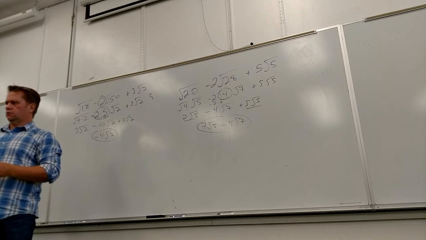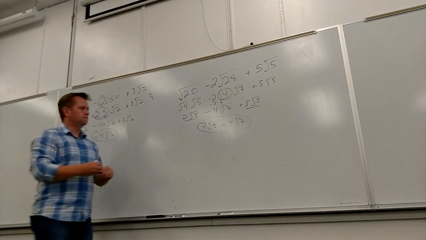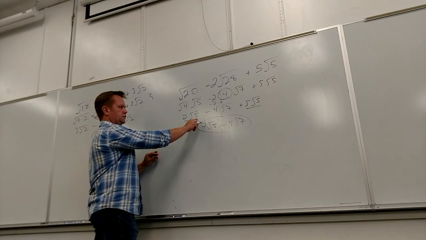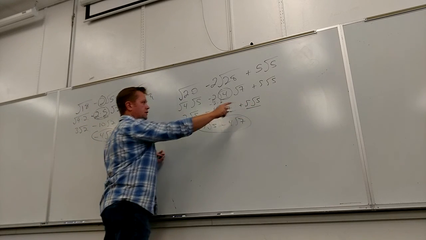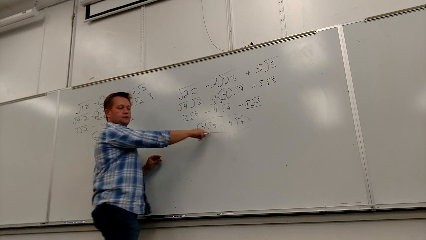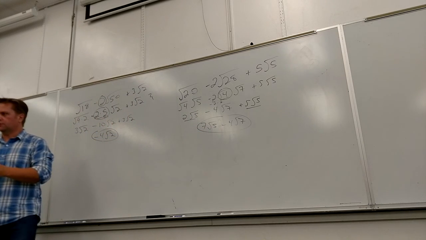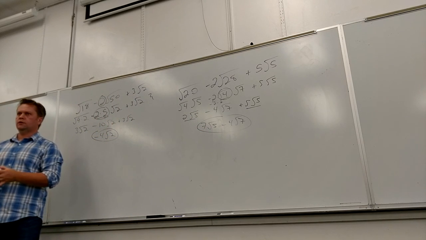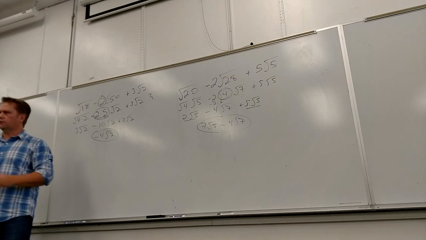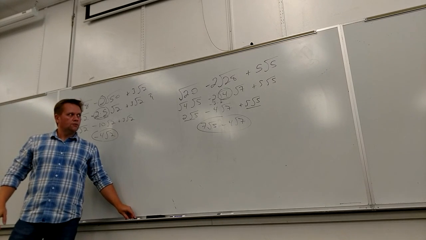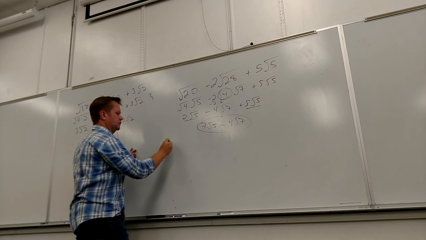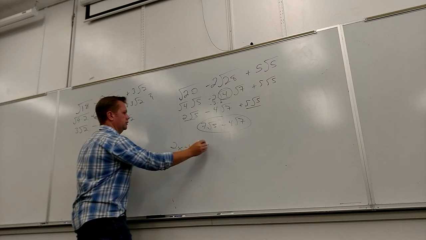And then the 5s just cancel. What do you mean? 2 of these plus 5 of these is 7 of these. They were like terms, so I just put them together. They didn't cancel, they just went together with another part of it. So this is exactly the same as 2x minus 4y plus 5x.